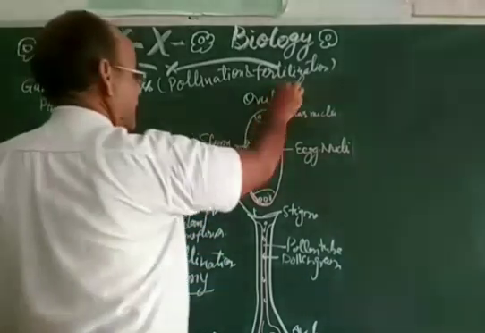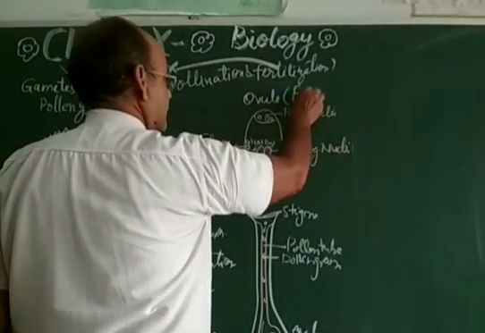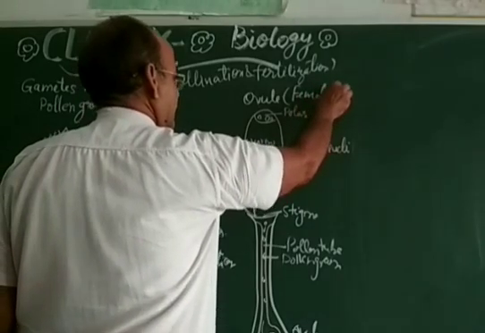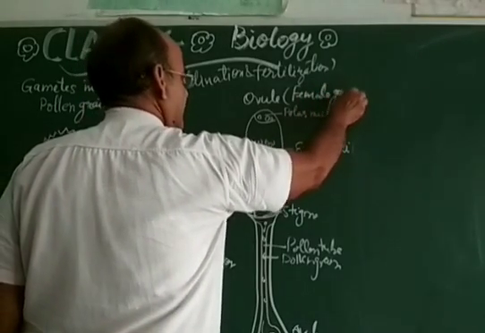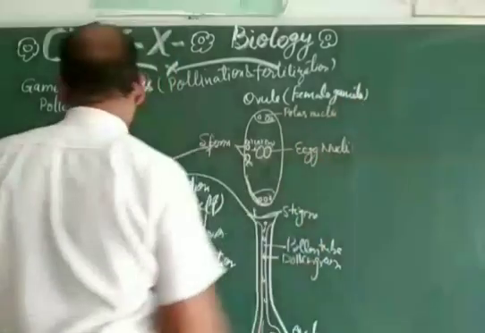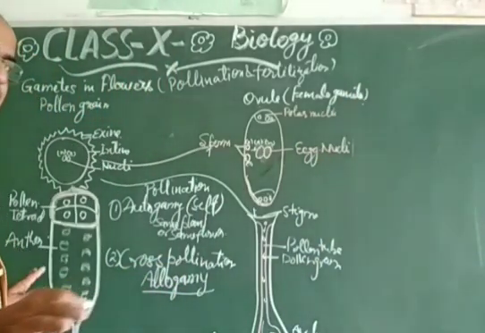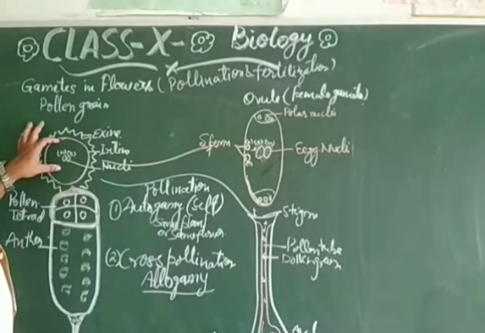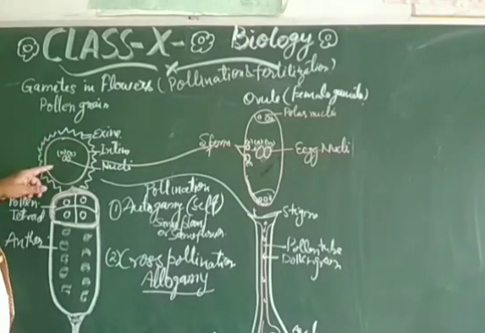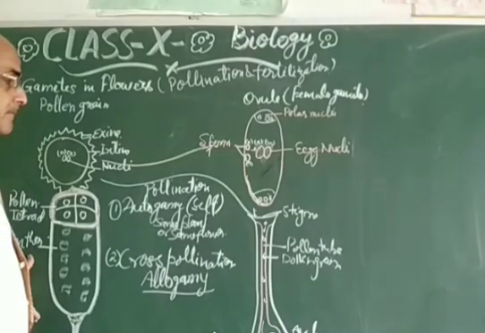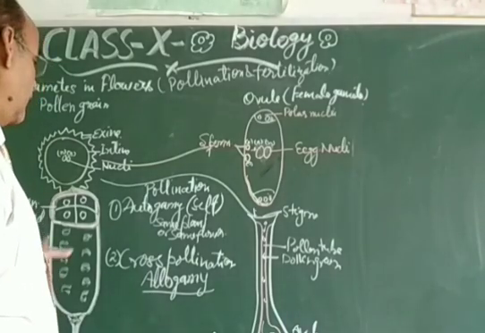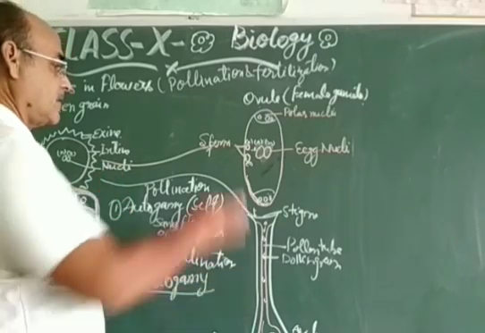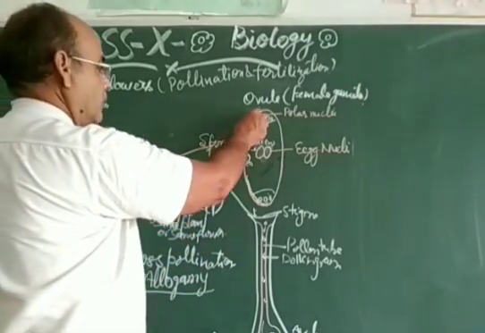This is the female gamete. As far as the structures are concerned, this pollen grain is here, and this is the pollen tetrad in the anther. And apart from this is the female gamete having the ovule.